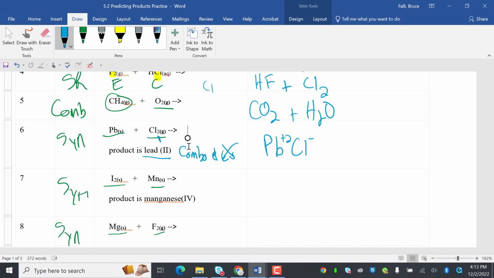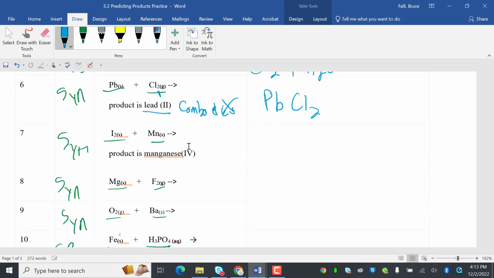So I get PbCl2. Another synthesis one right here. Smush them together. Remember, positives go in the front. Manganese goes first. It tells me it's plus 4. And iodine, negative 1. Balance those charges. MnI4.